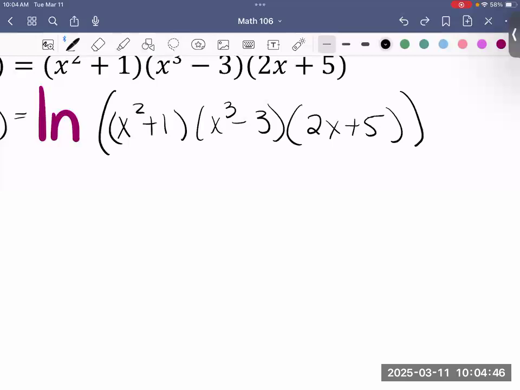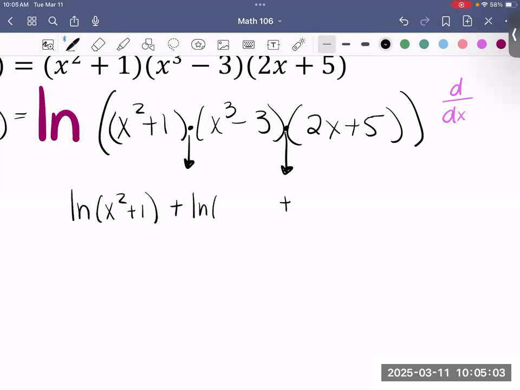Ignore the other side. So here, let's take the derivative, d over dx. So in our case, those multiplication symbols turn into addition signs. So they all get derived. And so we have 1 over x squared plus 1.